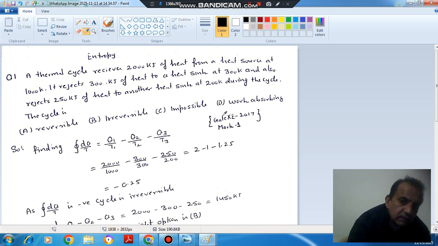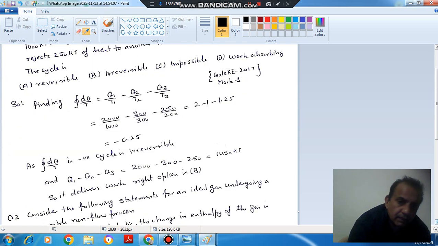Now we will check the work absorbing option also, because q1 is 2000, q2 is 300 and q3 is 250, and these are heat rejection, this is heat received. So the net change in heat is positive, and it is equal to work done for a cycle, according to the first law of thermodynamics.